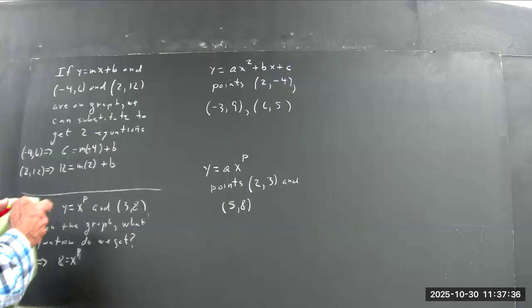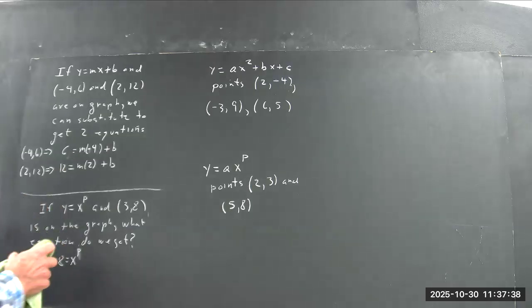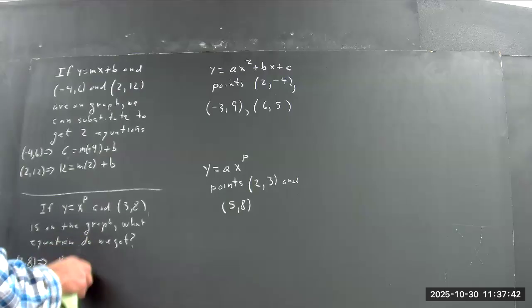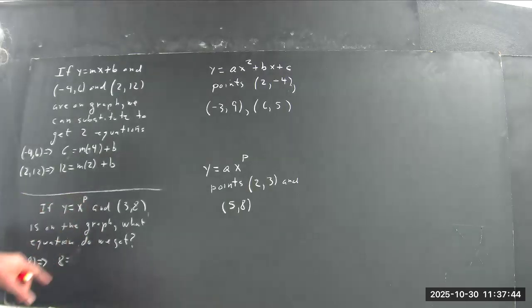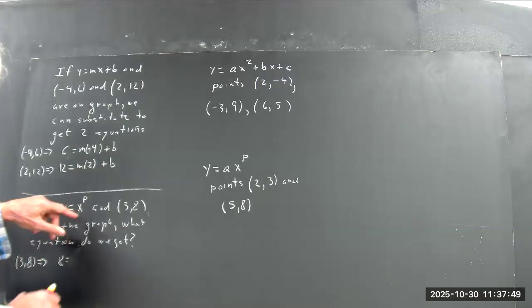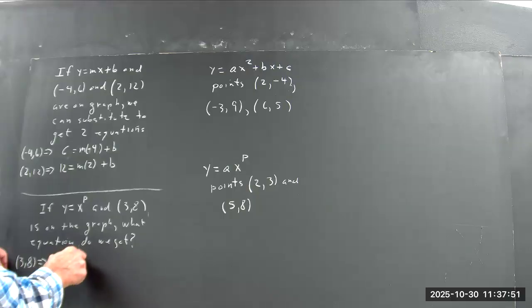Sorry, maybe I better learn to do this. Yeah. It's y equals x to the p. Y is 8, there's 8. X is 3, we put 3 in there, we get 3 to the p.